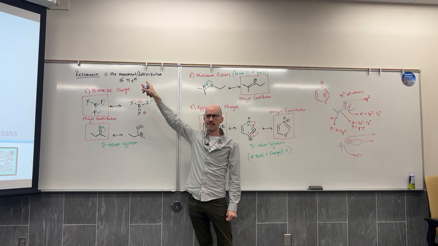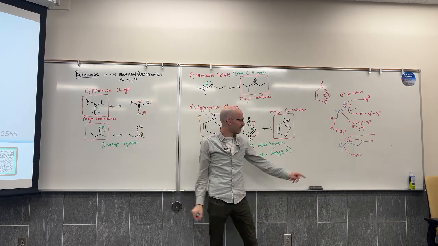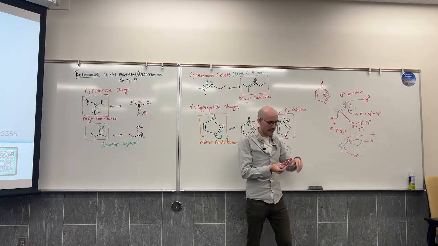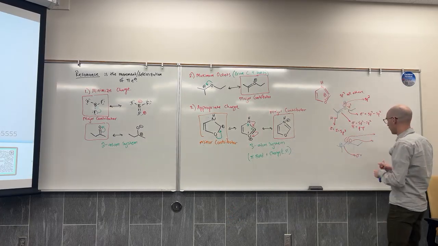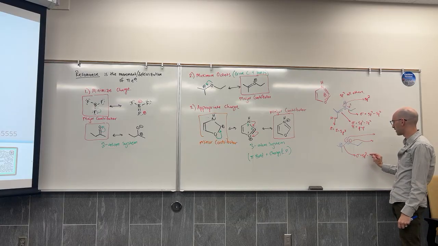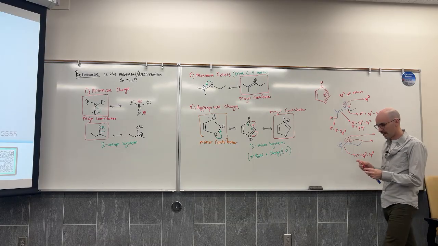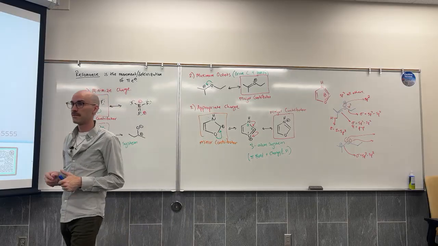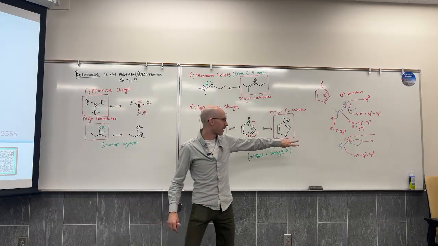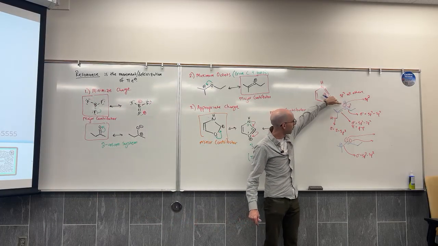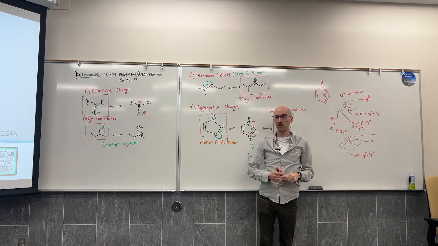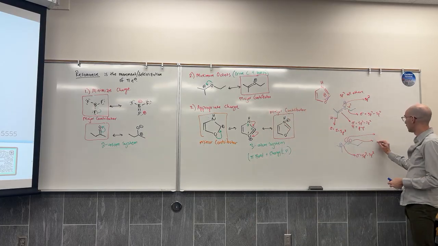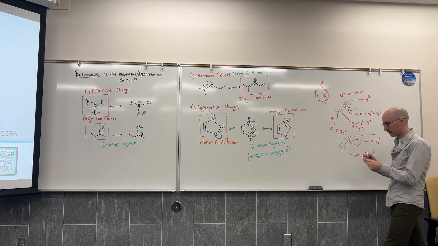So resonance is not moving the sigma electrons, and if the sigma electrons were the overlap of sp2 and sp2, then the sigma bond is still the overlap of sp2 and sp2. Then what about these 2 lone pairs? One of them we said was held in an sp2 orbital. That hasn't changed. One of them is held in an sp2 orbital.